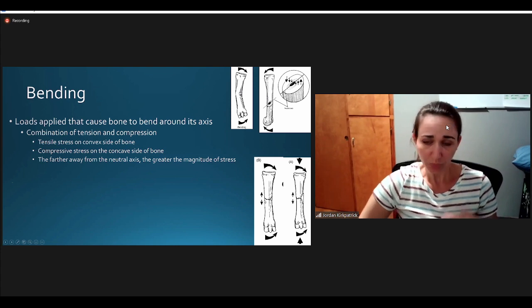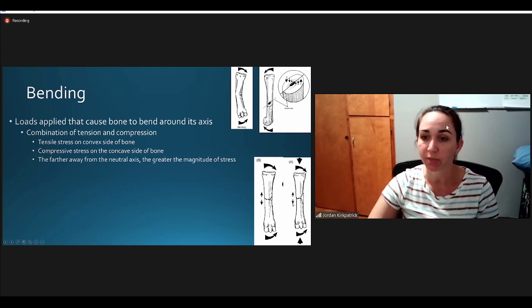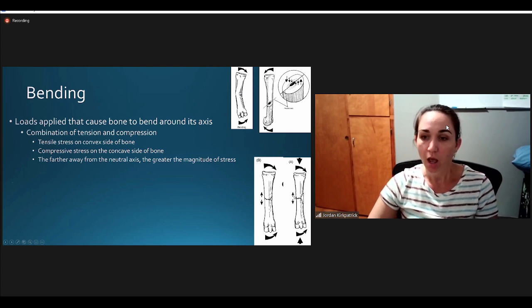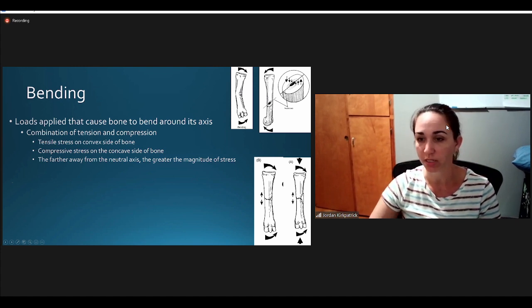And so this is what we see more commonly, where we get these butterfly fragments, because on the tension side, it's going to create that transverse fracture. But when the compressive forces outdo the tension forces, then it fractures obliquely, and it tends to do that in two planes, which gives us this butterfly fragment.